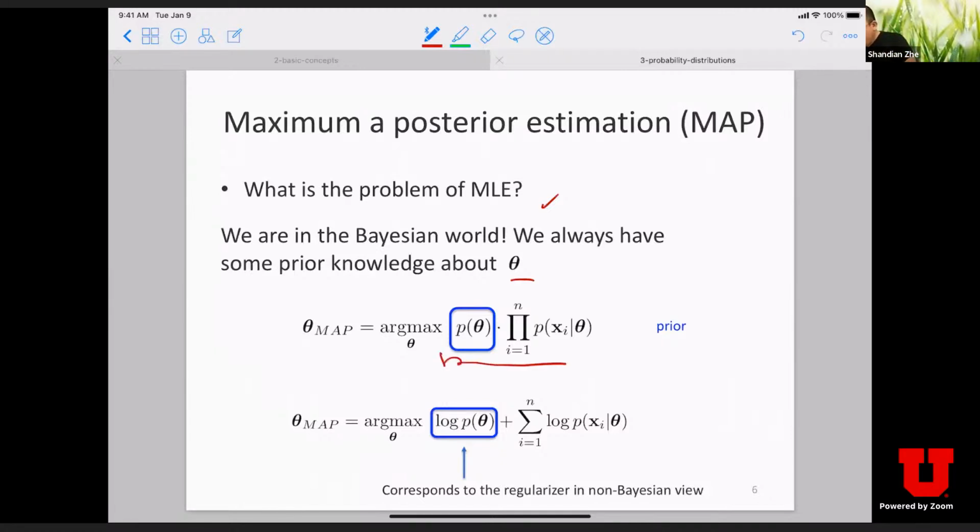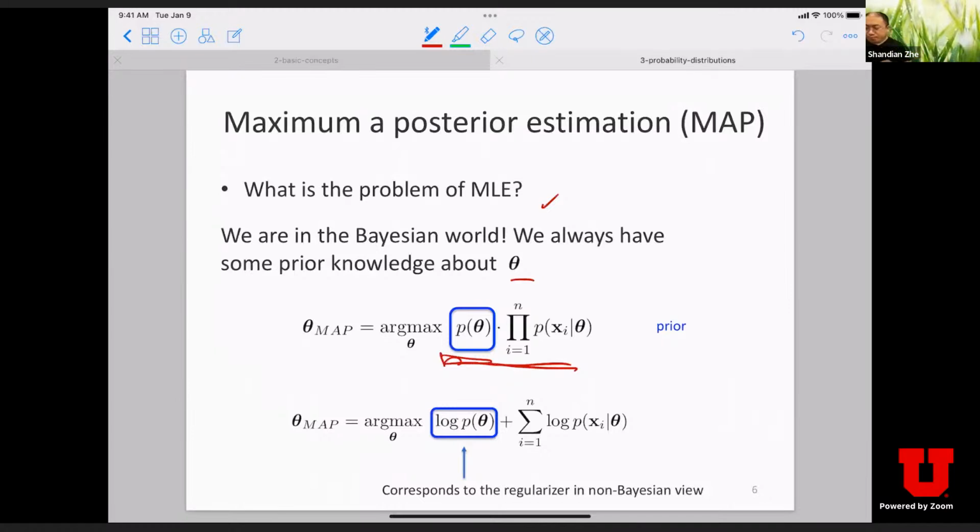We now maximize the joint probability: the prior of theta multiplied by the likelihood of the observations given theta. If you're doing maximization over the joint probability, this is called MAP estimation. Does it make sense?